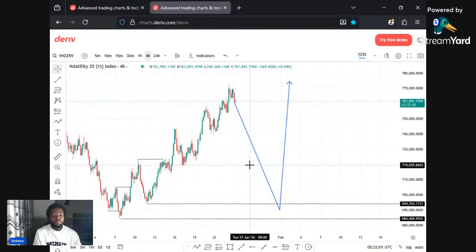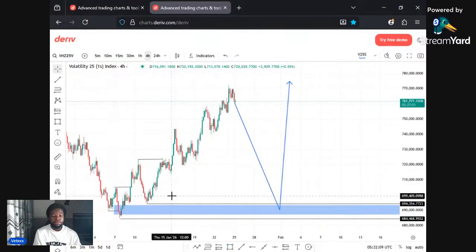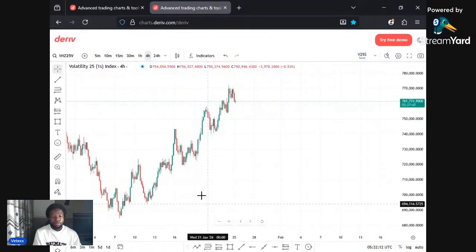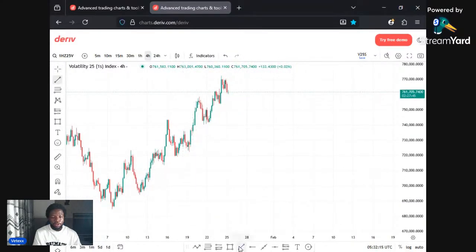Now, if price doesn't come to this point of interest, we have another point of interest before this one. Let's mark it out immediately. You can see we have a recent POI here, which has rule number one, sweep of liquidity. Rule number two, first break of structure.